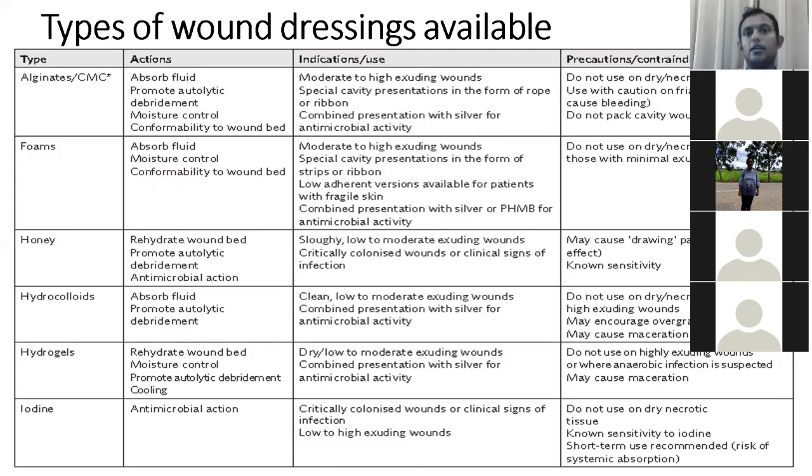It gives off enough moisture, and sometimes a little bit too much moisture. So that you have to remember with alginate. What they say is, do not use on dry necrotic wounds, use with caution in friable tissue, do not pack cavity wounds tightly, that sort of thing. Those are practical things.